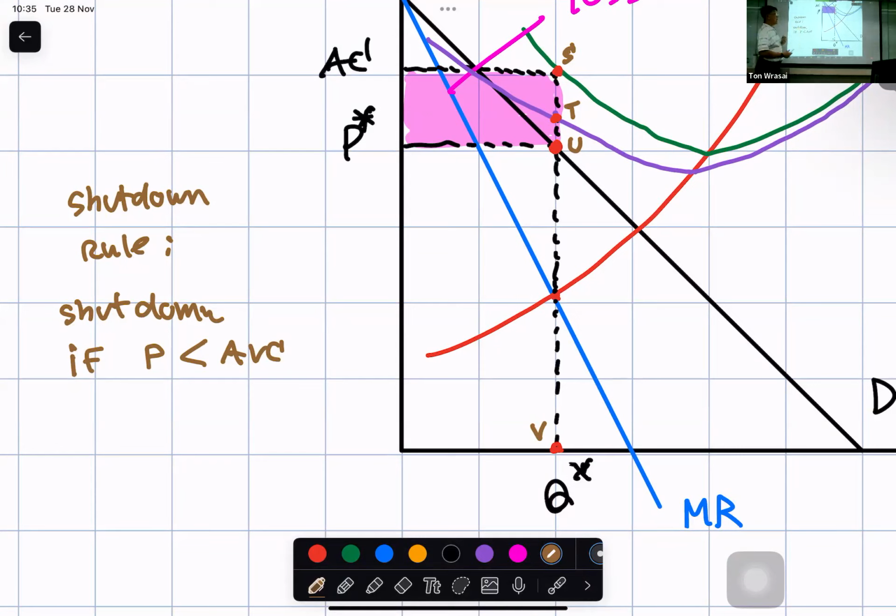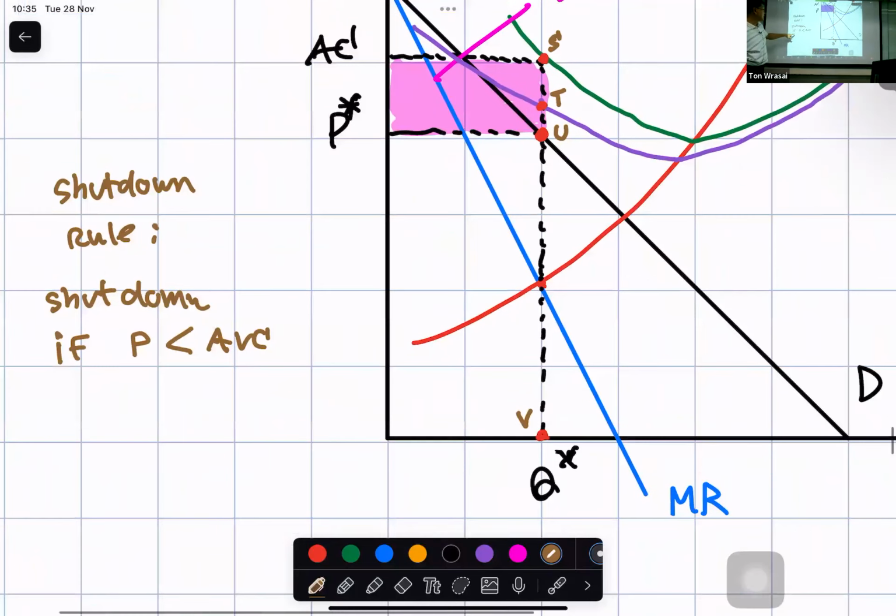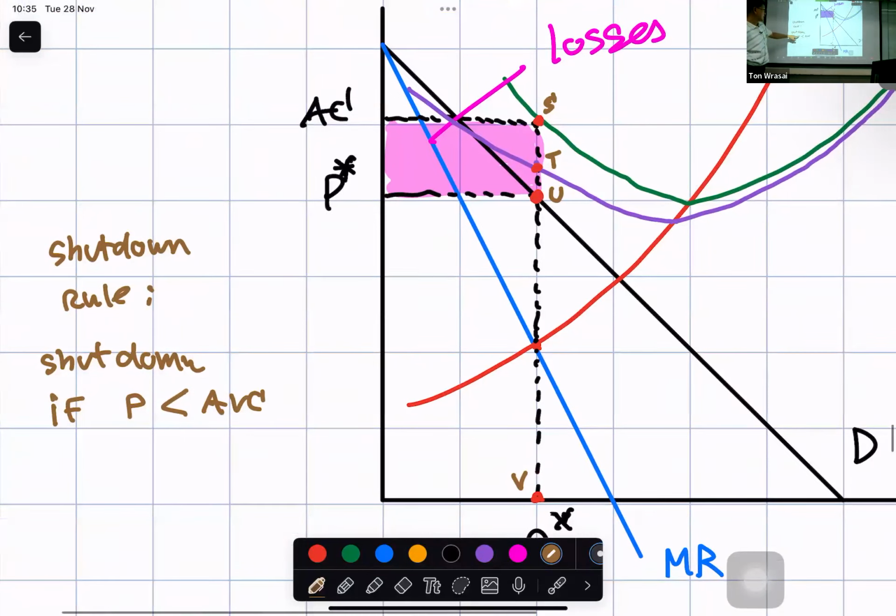Should this guy shut down? Okay, price is UV, the height UV. AVC, oh, sorry, AVC is above price. Shut down if P is less than AVC.